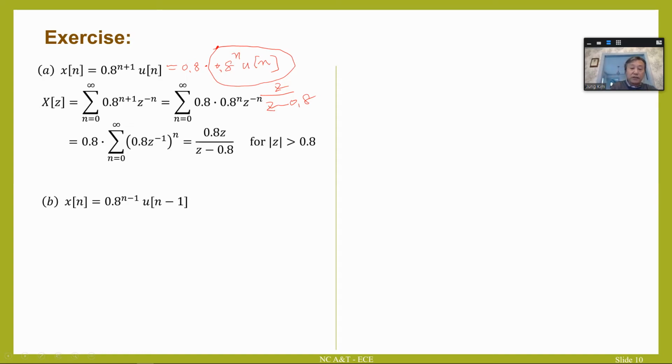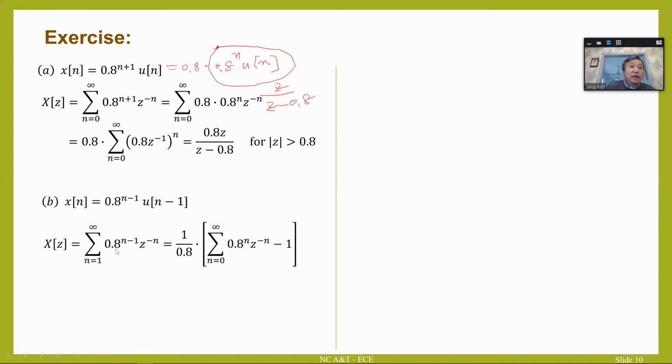This is a shift. So let's take exactly the same approach. This is non-zero starting from 1 to infinity. u sub n minus 1 is starting from 1 to infinity, so 1 to infinity, then 0.8 to the n minus 1.